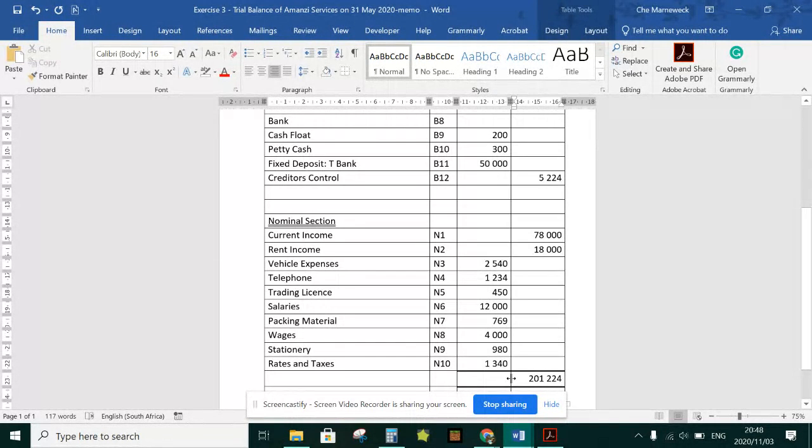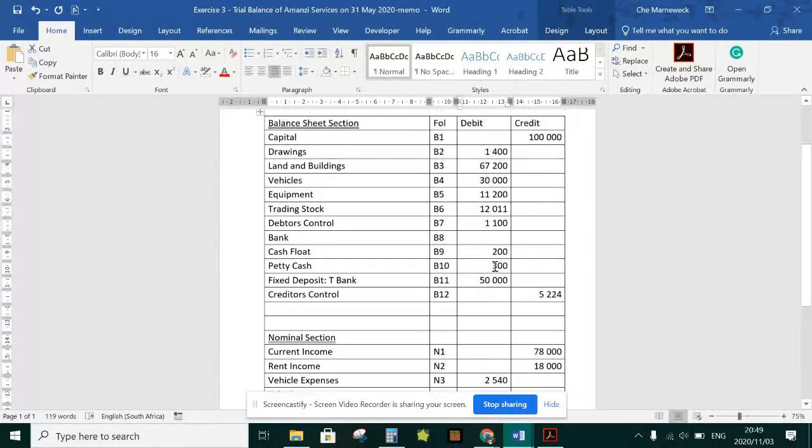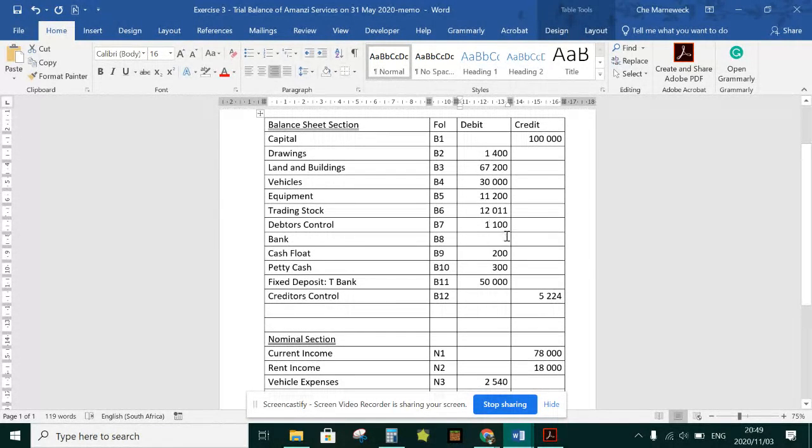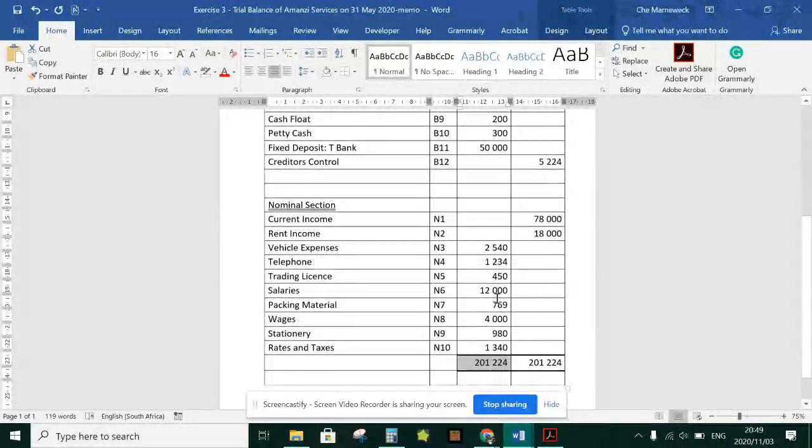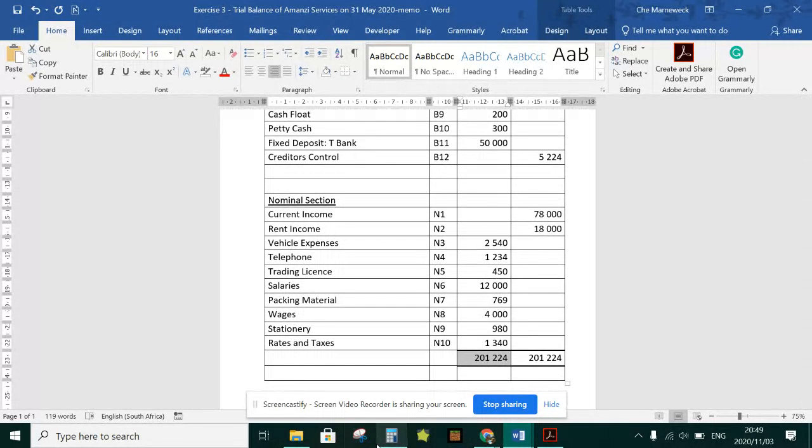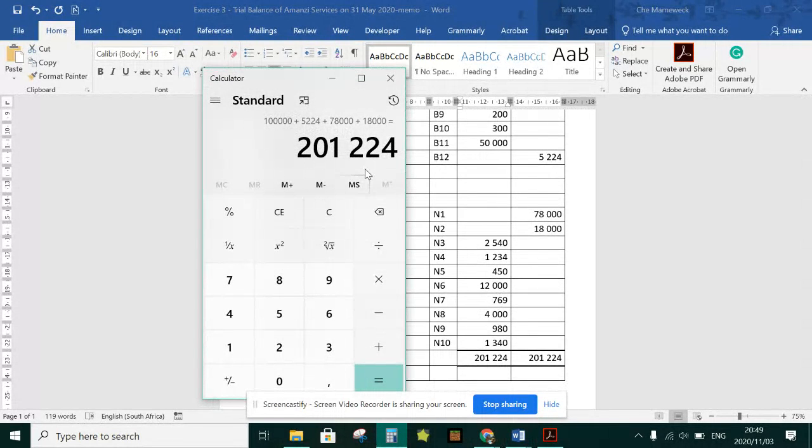If the value of the debit column must equal the value of the credit column, I'm going to say that's the total. If I take my total and subtract every value in the debit column, whatever is left over will be my missing amount. So, got my calculator, I've got my total.